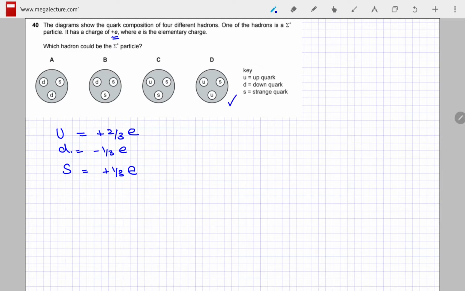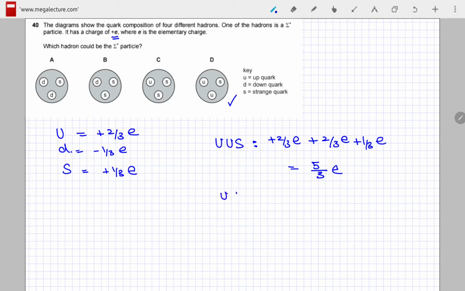So we have U, U and S. The charge on this one would be plus 2 by 3 e plus 2 by 3 e, and for the strange it is plus 1 by 3 e. So 2 plus 2 is 4, plus 1, 5. So this gives me 5 by 3 e.